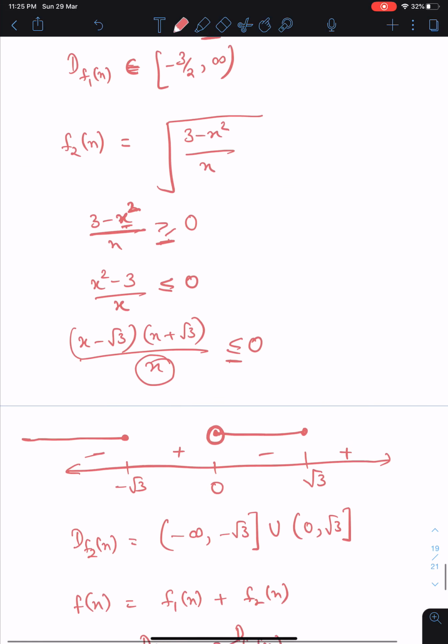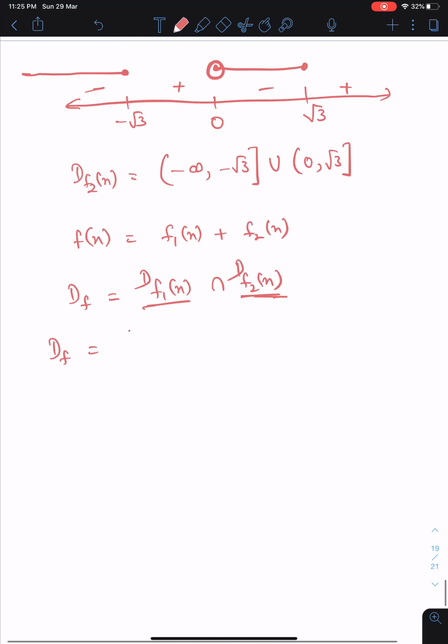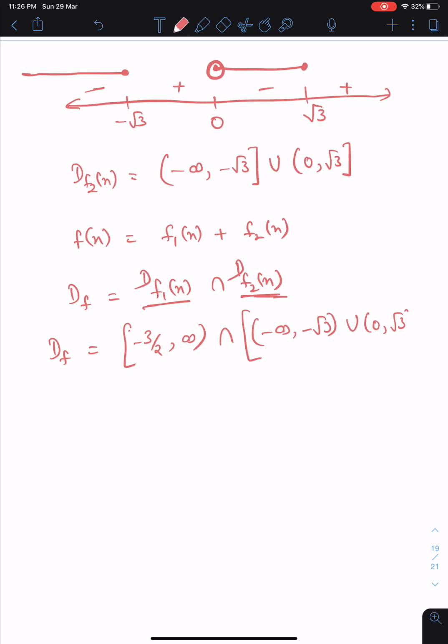The domain of f1(x) is minus 3 by 2 to infinity, intersection minus infinity to minus root 3 union 0 to root 3. Just by seeing this, it is very difficult to find the intersection.